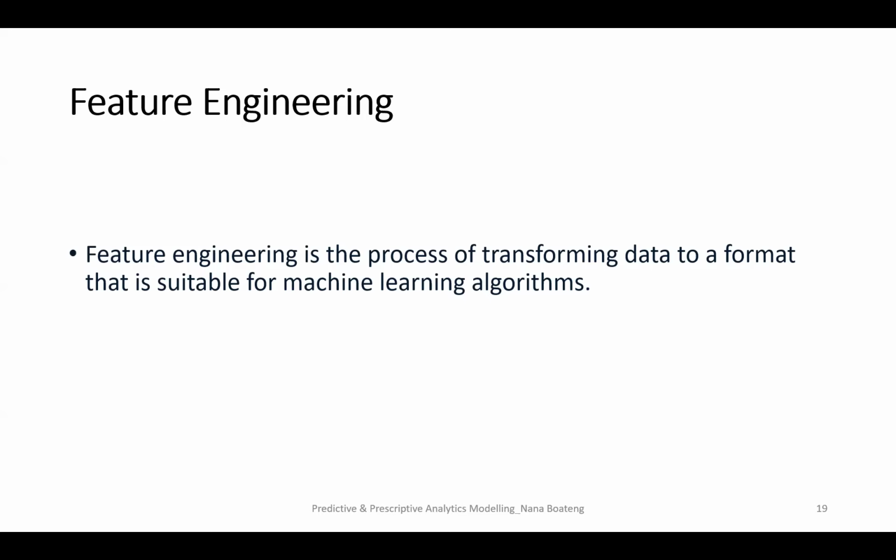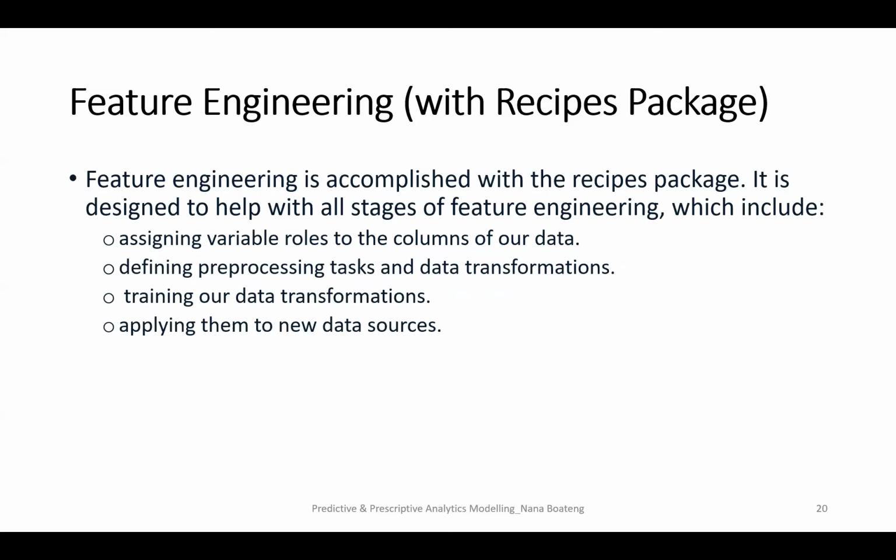So in the area of Tidymodels, the recipes package is what does the feature engineering. What it does is that it assigns roles to the columns of our data. A column could either be an outcome variable or it could be a predictor.